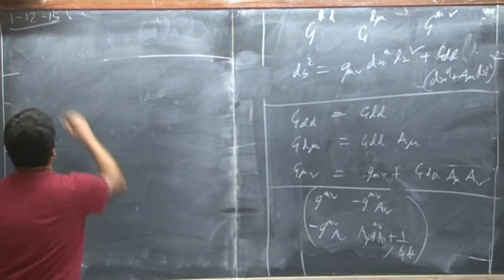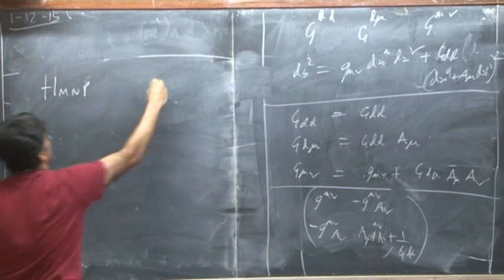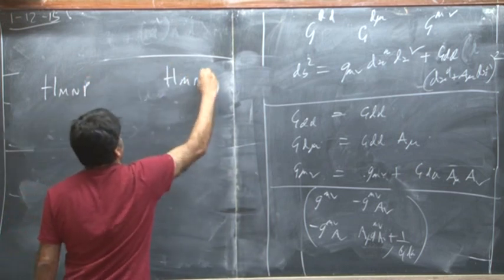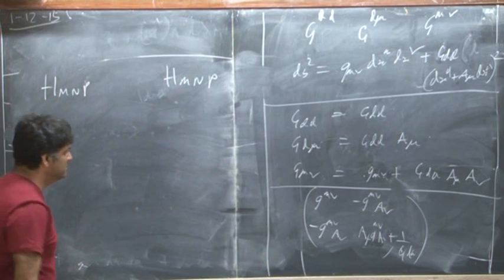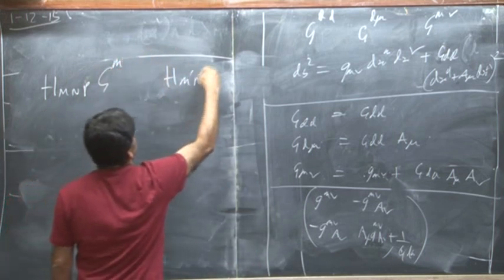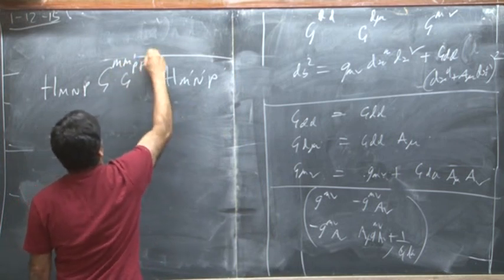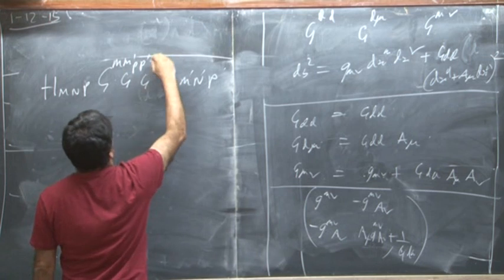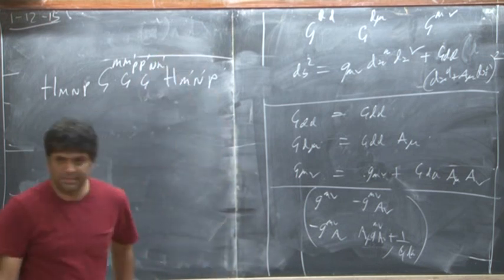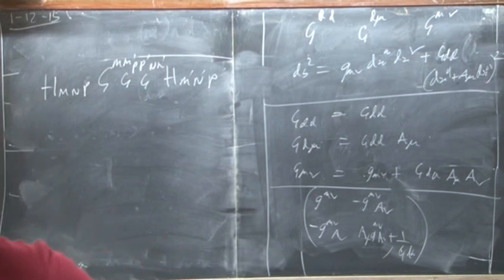Now what do we have? We have H mu nu rho, H m n p, with g m m prime, g p p prime, g n n prime. That is the object. Now, what are the possibilities?